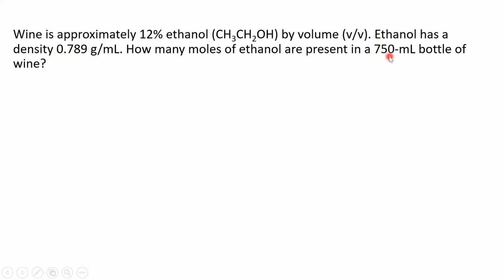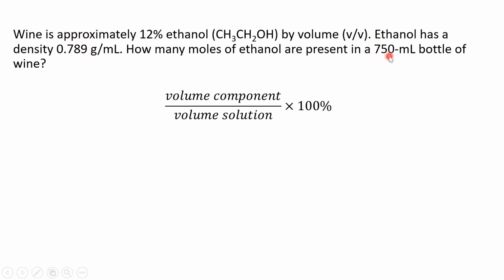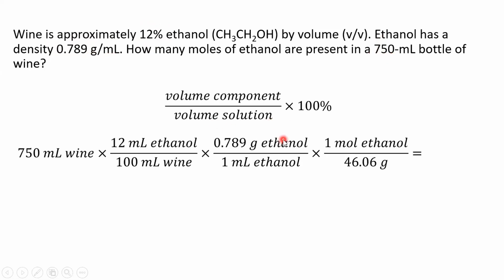So the starting point is 750 milliliters. We can convert that from milliliters of wine to milliliters of ethanol because it gives us the percent by volume. So 12 milliliters of ethanol in 100 milliliters of wine. This will do our conversion from wine to ethanol.